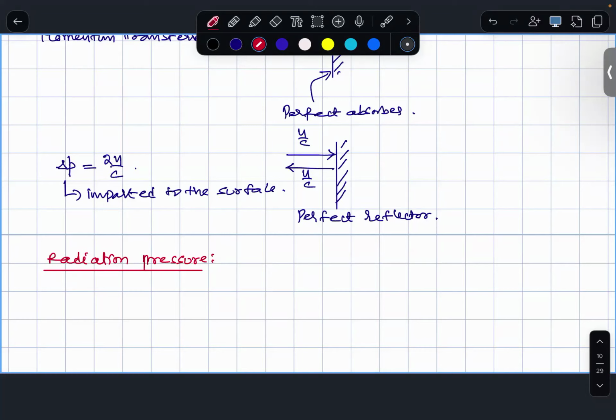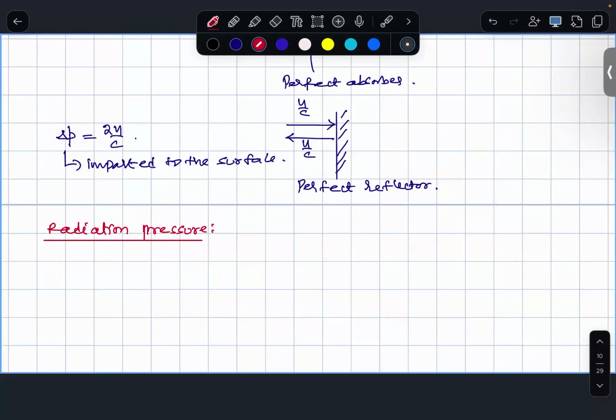When electromagnetic waves are incident on a surface which is either perfectly absorbing or perfectly reflecting, you have noticed that there is some momentum transfer. Agreed? Right. So due to this change in momentum, the surface upon which this incidence is happening will experience a force, because rate of change of momentum is force.